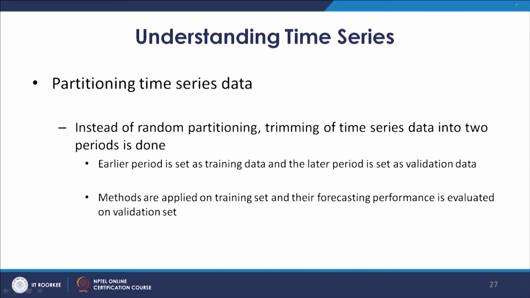So, methods are applied on the training set and their forecasting performance is evaluated on the validation set. Instead of random partitioning, which we use in cross sectional analysis, we use trimming of time series data for time series forecasting.